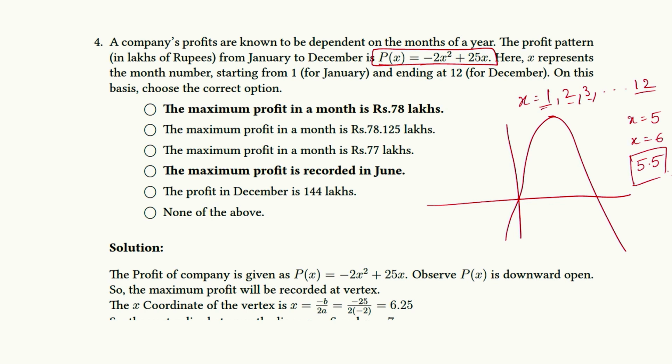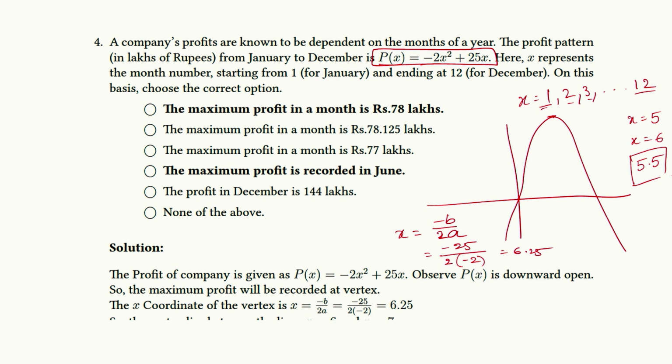So now let's calculate this. To find the vertex, first we find the vertex. Vertex will occur at x is equal to minus b by 2a. If you substitute the value of b, which is 25, and the value of a, which is minus 2, we get minus 25 by 2 times minus 2, which will be 6.25.